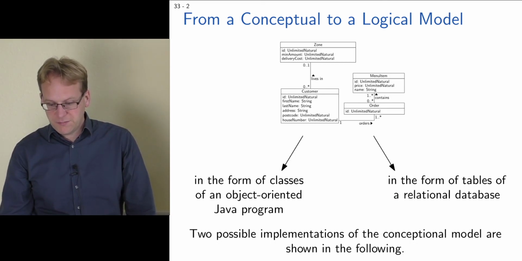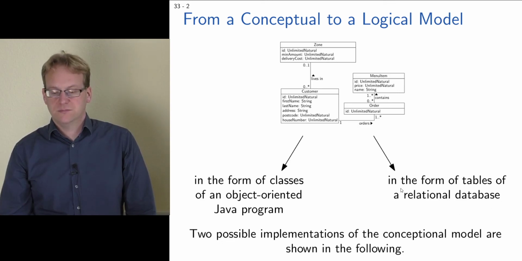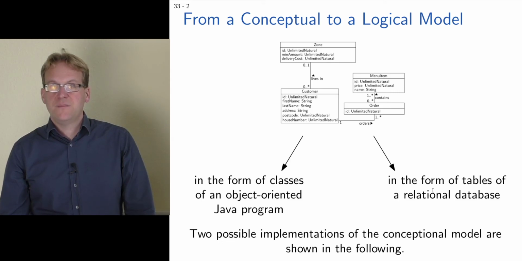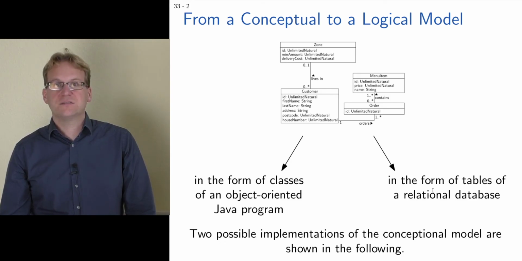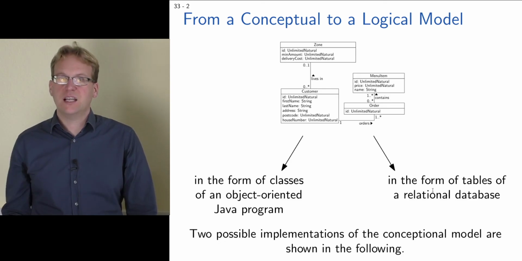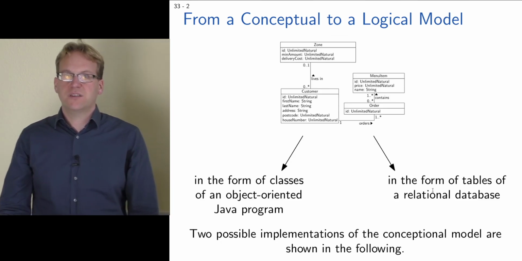Then you need to implement this conceptual model in a relational database where this information is kept in a persistent manner. So you have tables representing your classes and all these things, and these tables are managed in a database system which can be accessed from maybe a client, and the database is run on a server.